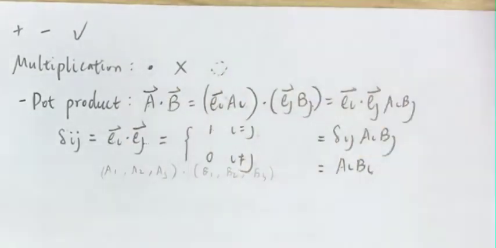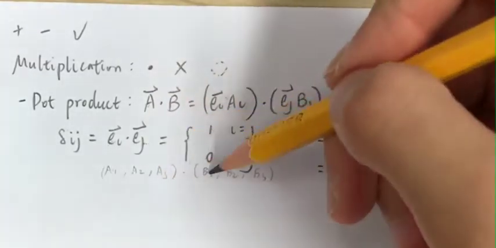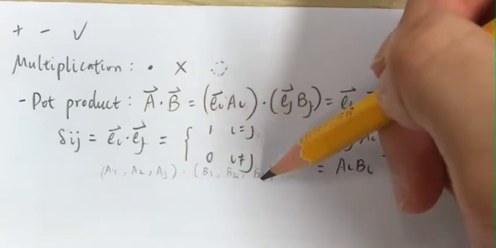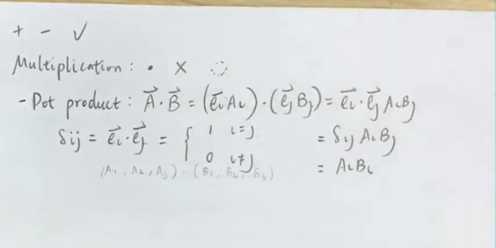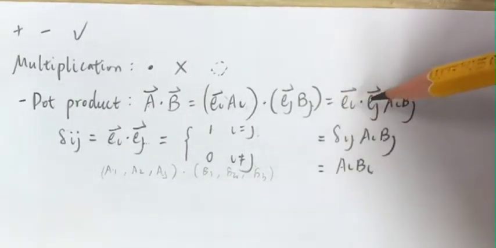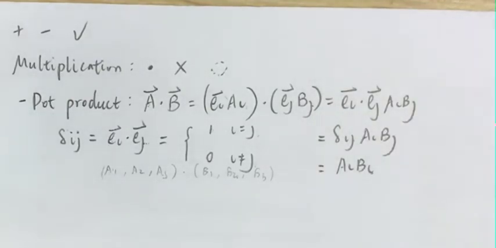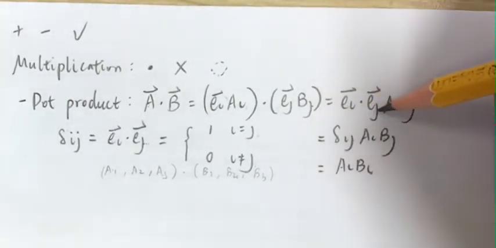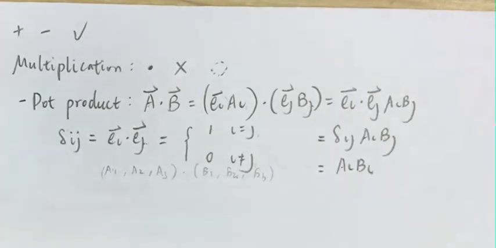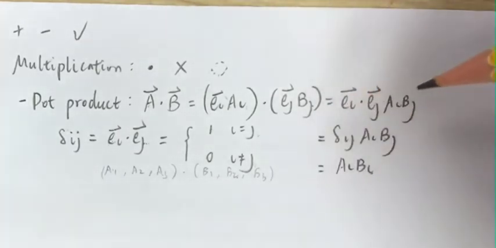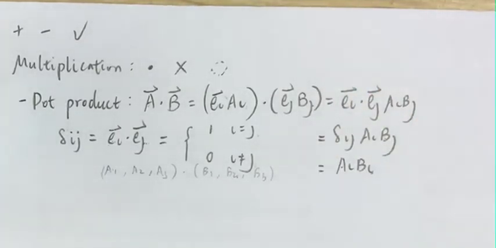So what will this give us? I think in high school we have learned that it will be A1 B1 plus A2 B2 plus A3 B3, which is the same as this. So actually, we seem to have taken a detour, but the merits of index notation we will see afterwards.